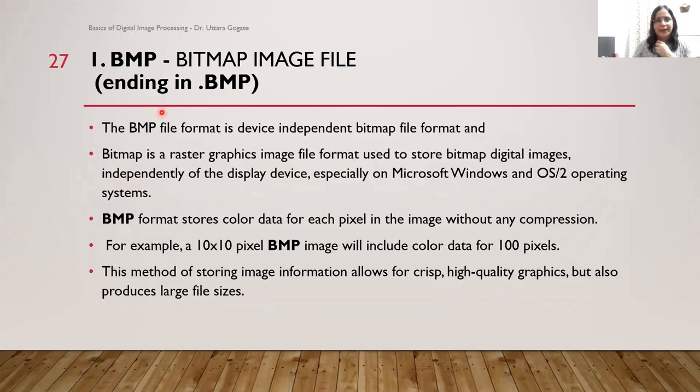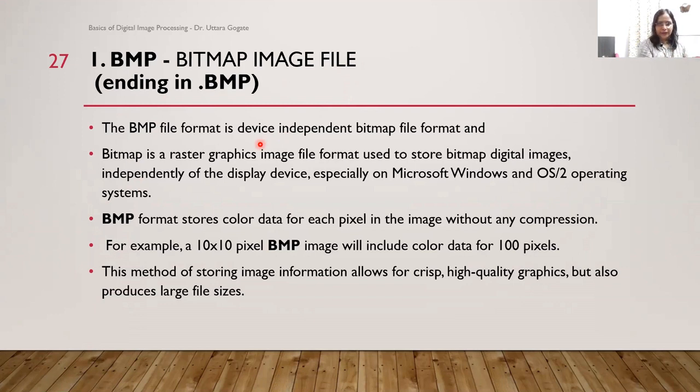So .bmp is the bitmap image file. It is ending with .bmp. This is the most common image, and it can be used not only for monochrome images, but also for color images. But it is a raw type of data. You have not compressed it, you have not done any type of processing on it.